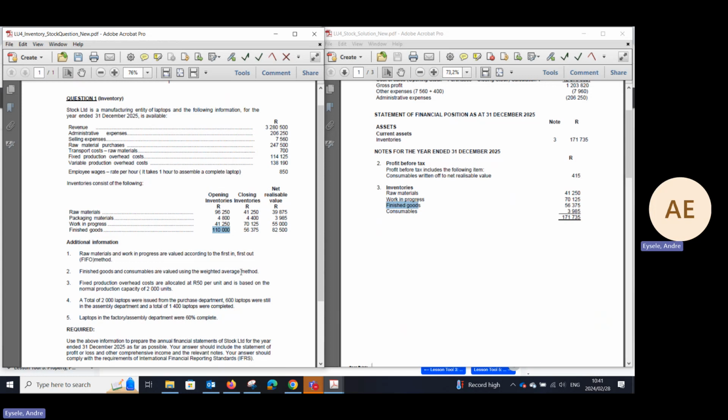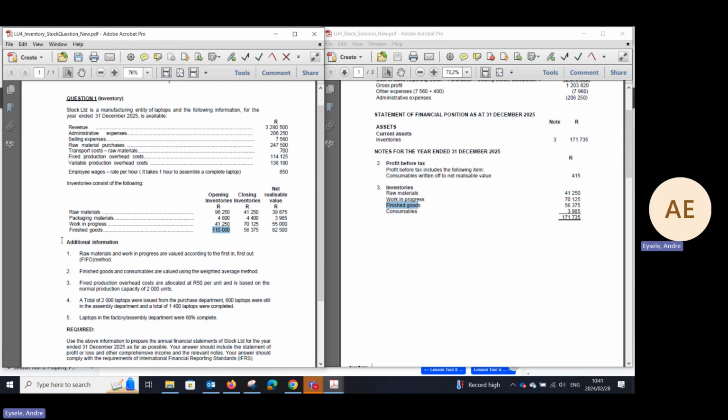Now, colleagues, I will show you in tabular format how we deal with these items, because you have to use the raw materials for the specific items that you need to use, and then it needs to be transferred to work in progress, and from work in progress to your finished goods section. Okay, and I will show you in a tabular format.